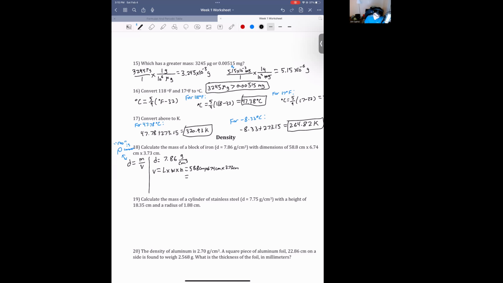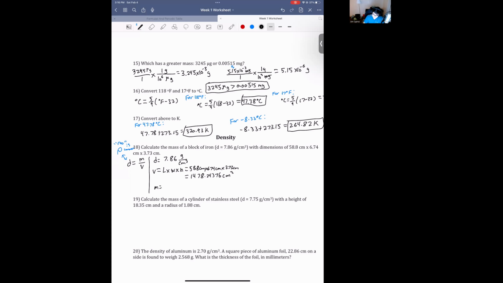All right, so I'm going to just multiply this out. Now, something I do recommend, I'm going to show two different ways here. You're going to want to keep all these decimal places. And this is in centimeters cubed, right? You want to keep all the decimal places so you don't make rounding errors at the end. At the end, we're going to use 3 sig figs, right?